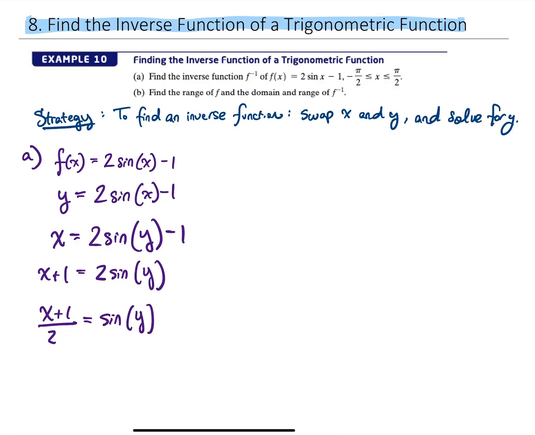And then if I want to solve for y, I want to undo that sine function. Well, I can take the inverse sine of both sides. And that will just give me y over here.